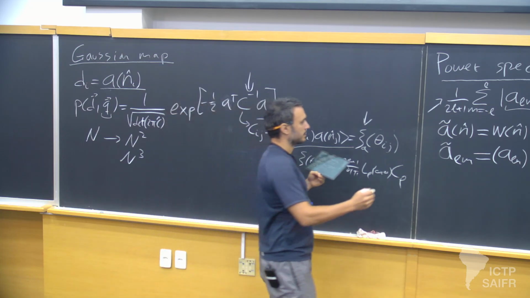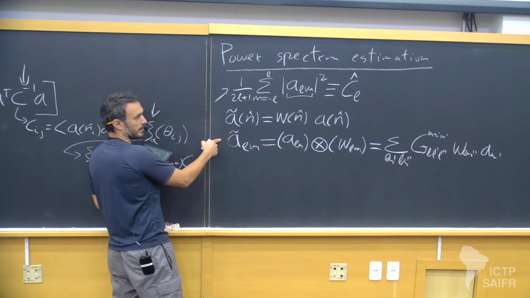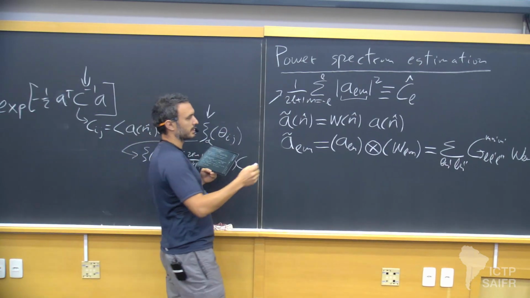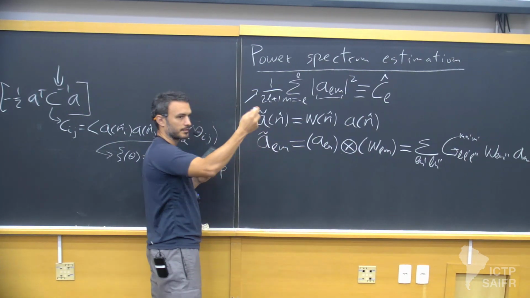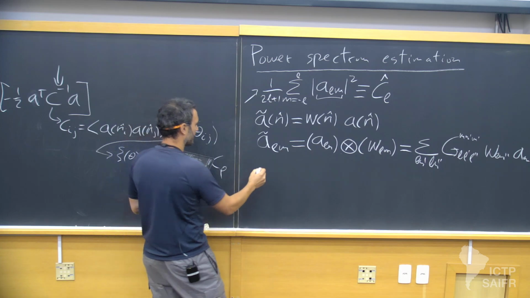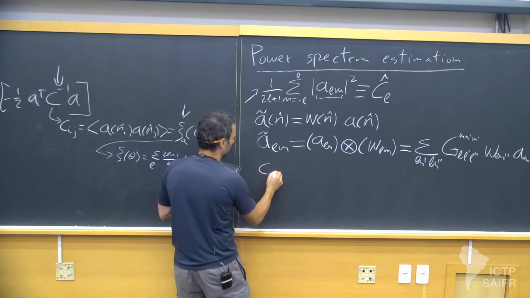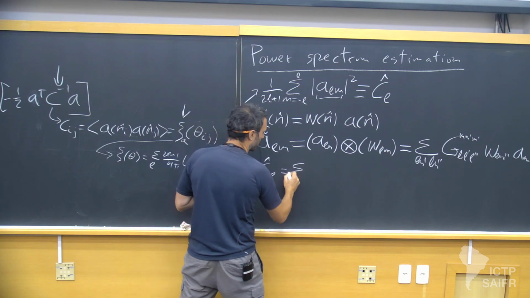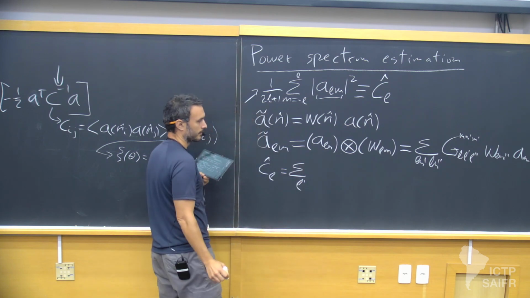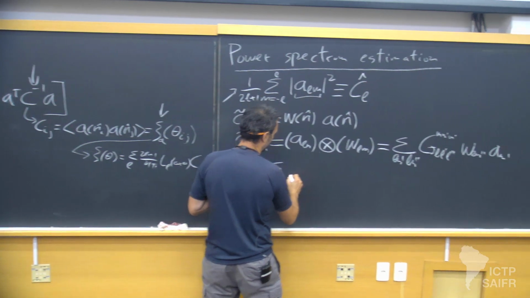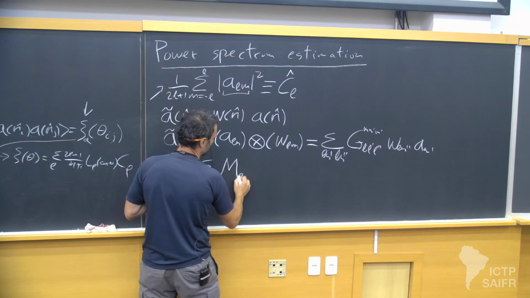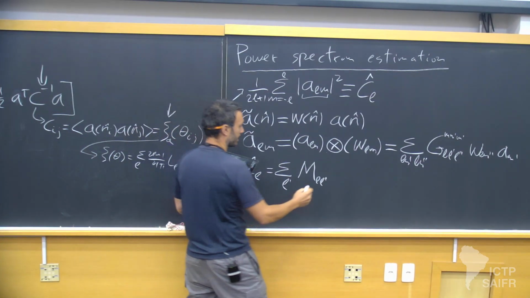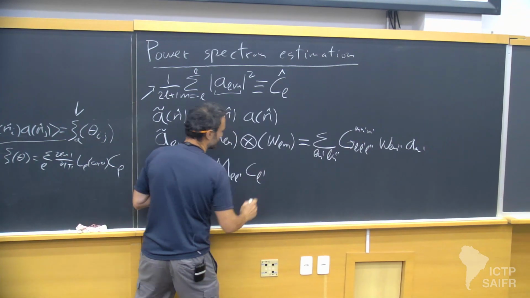Now let's say that we take this and we stick it in this formula. The result is going to be basically a convolution as well, but now in terms of the CLs. So if you do that math, your estimator of the CL is going to be a sum over other modes L prime of a matrix that we call the mode coupling matrix, M_LL prime, of the true CL, C_L prime.